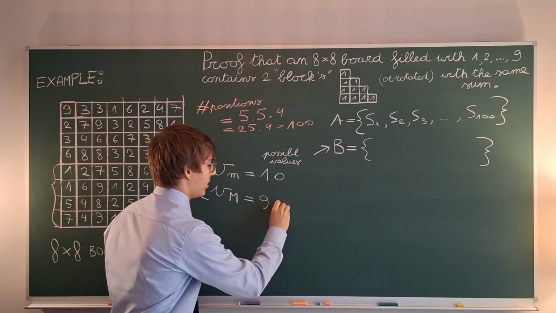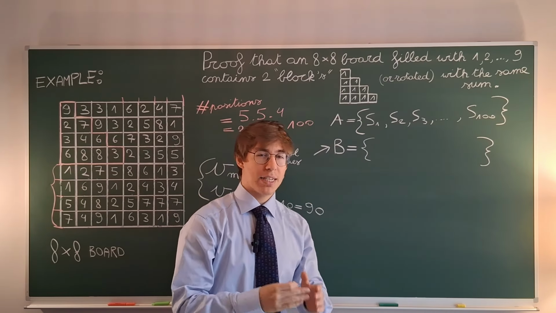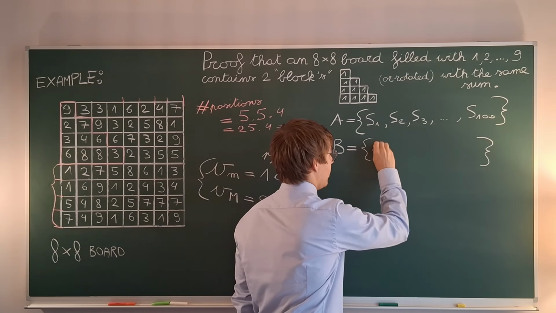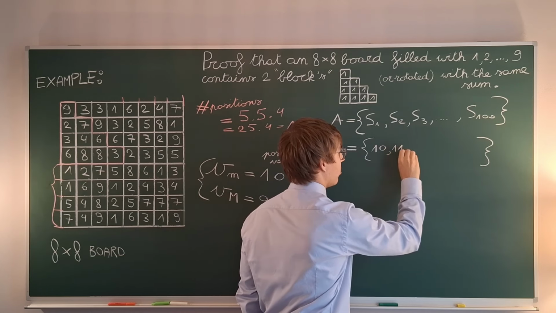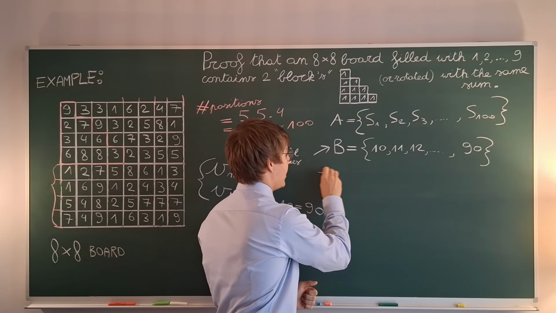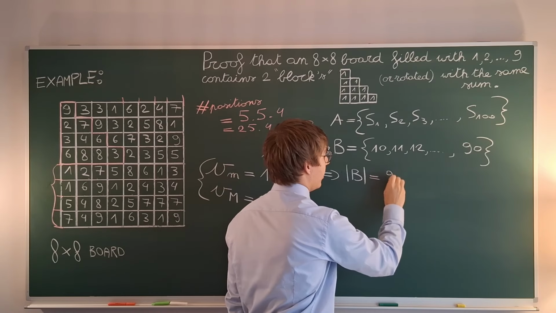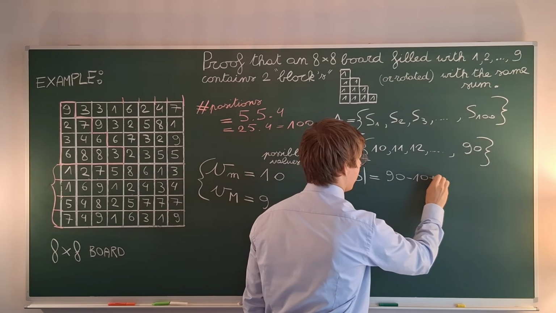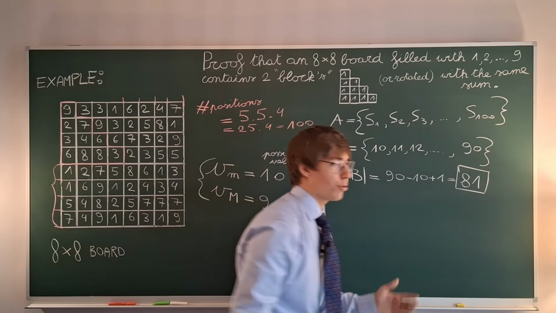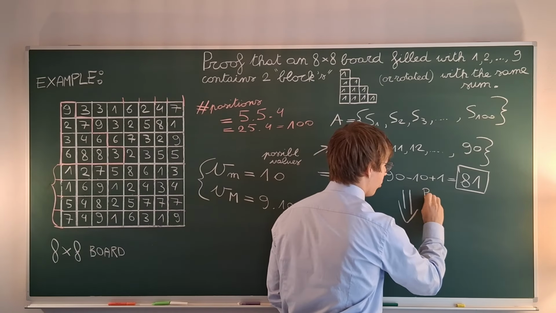So 9 times 10, which is 90. So that is our minimum and maximal value for the sum. So the set of all values is exactly 10, 11, 12, all the way until 90. But that means that the total amount of values is equal to 90 minus 10 plus 1, which is 81 total options.